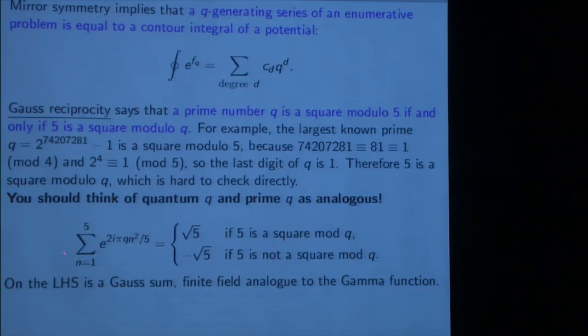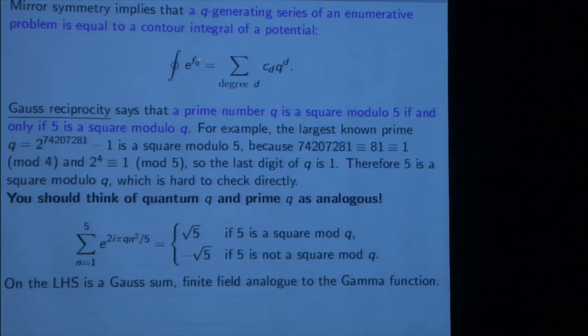But you can think about it as analogous to the gamma function, and then Gauss reciprocity tells you that this Gauss sum is equal to square root of 5 if 5 is a square mod q, and minus square root of 5 if 5 is not a square mod q. That's roughly equivalent to Gauss reciprocity. And yeah, you can think about this as analogous to a Rankin integral, which is technical to define.